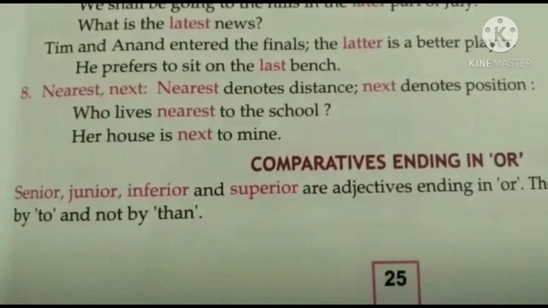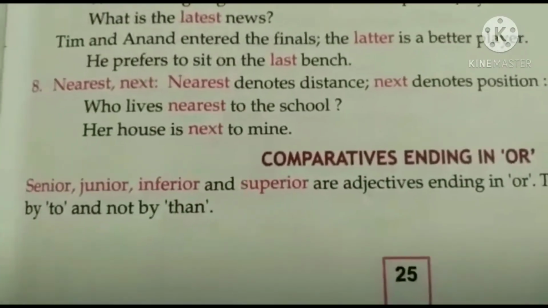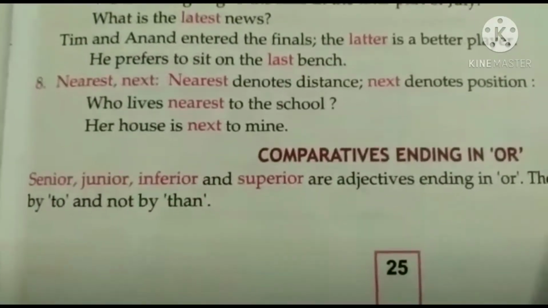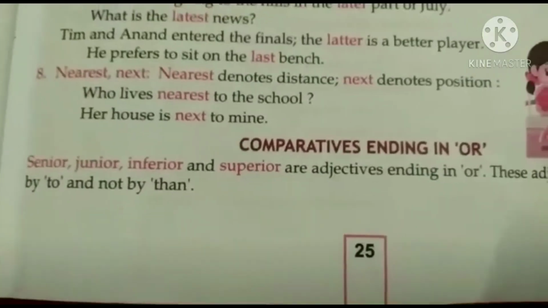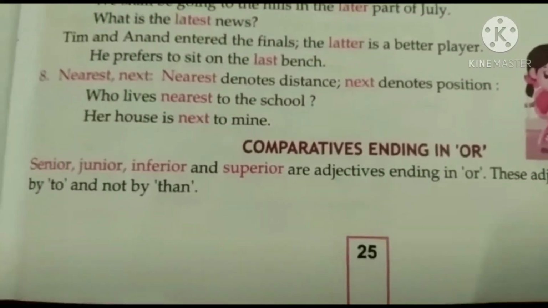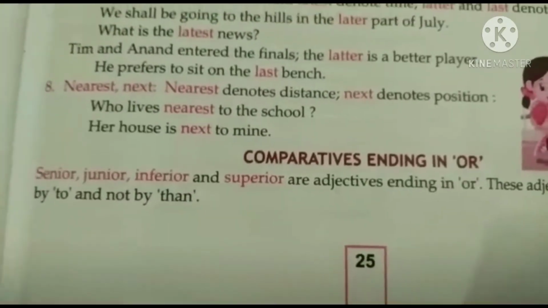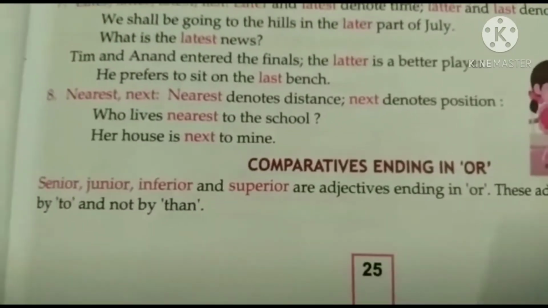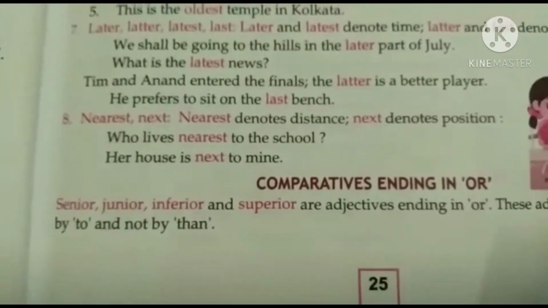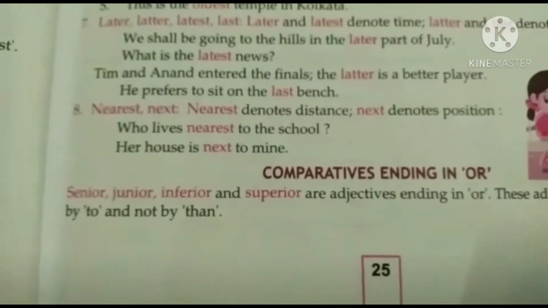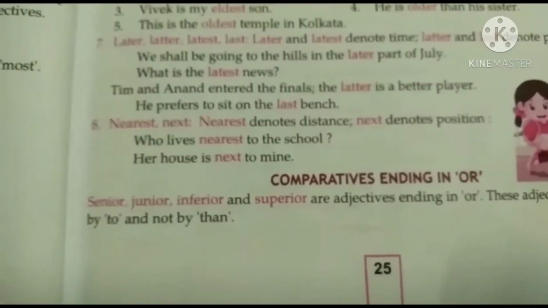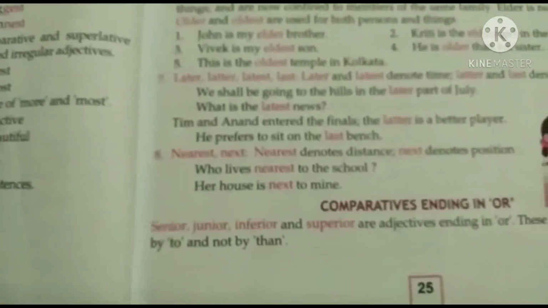We are using to here because senior, junior, all these comparative words are Latin words, original Latin forms used in English. When we are using Latin words, then you use to.